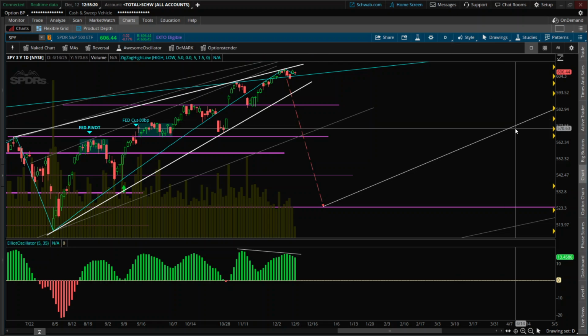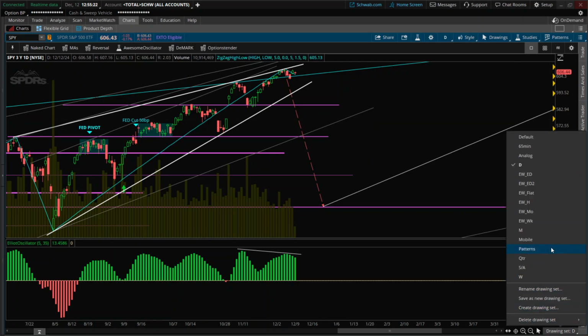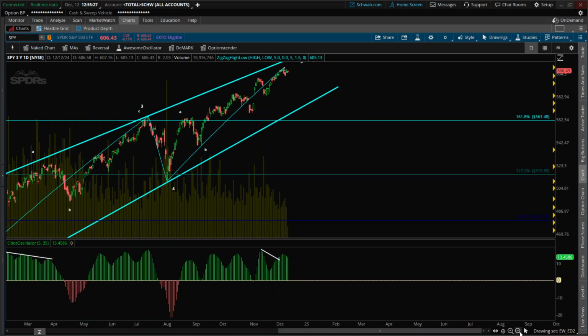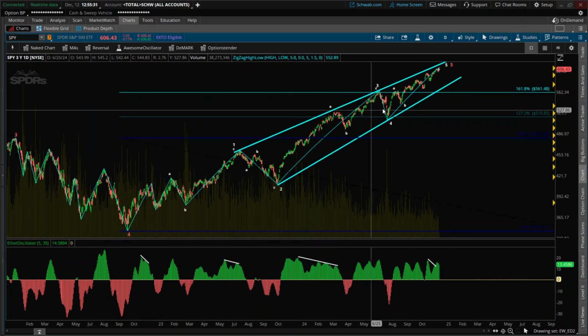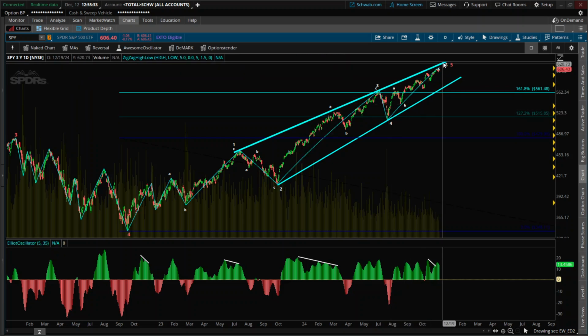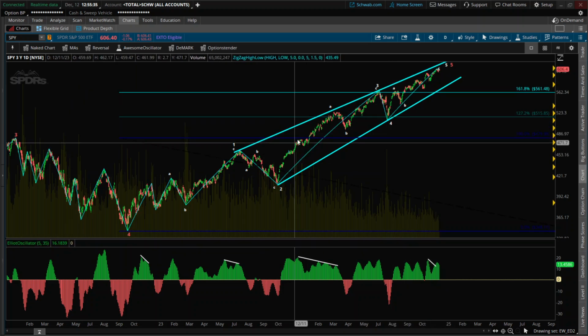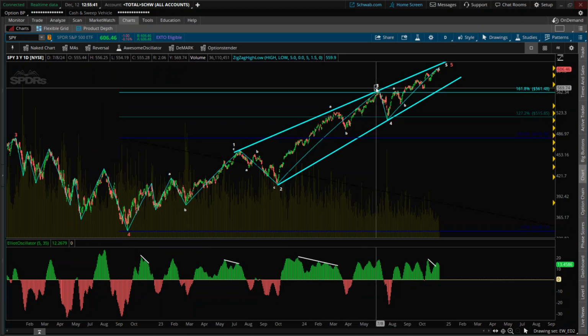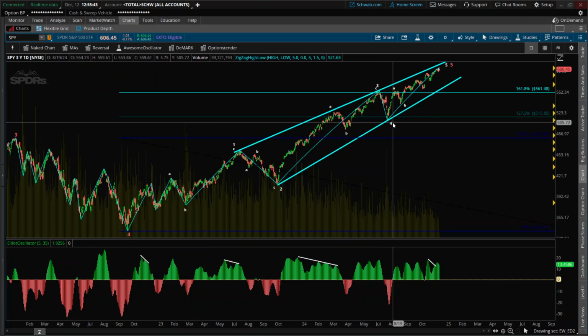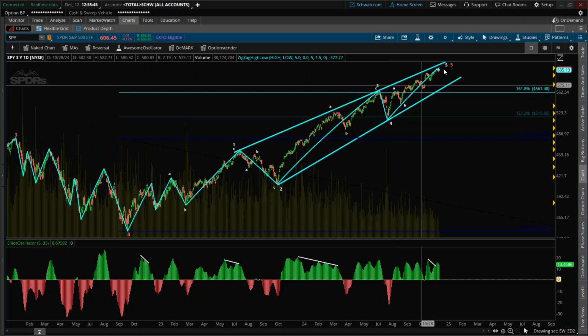All right, let's change the boards up here. So this is our ending diagonal, even if this is not an actual ending diagonal right here, and this one actually is. This is how I would count it. A 3-wave move up for 1, 2, and then 3, 4, and then you get a 3-wave move up here for a 5.